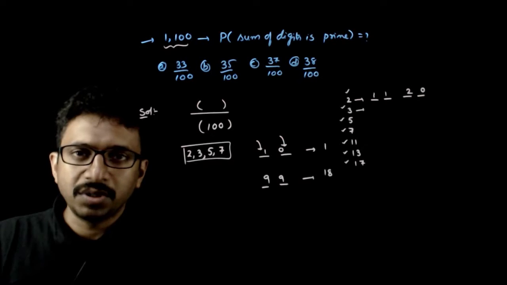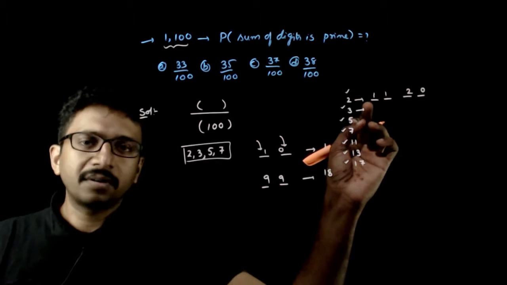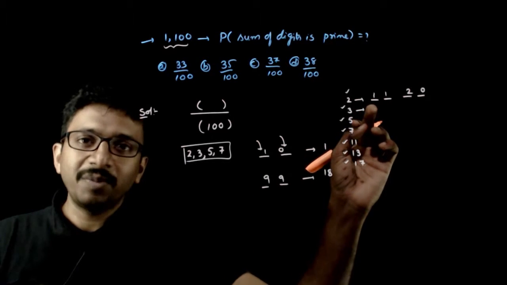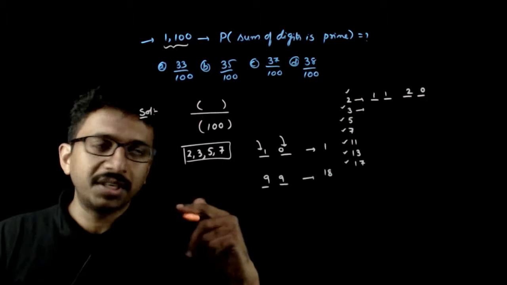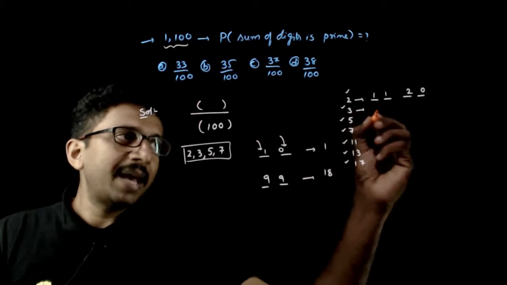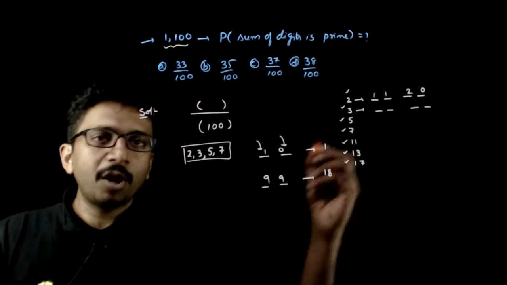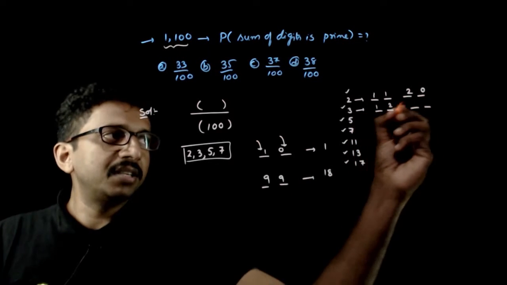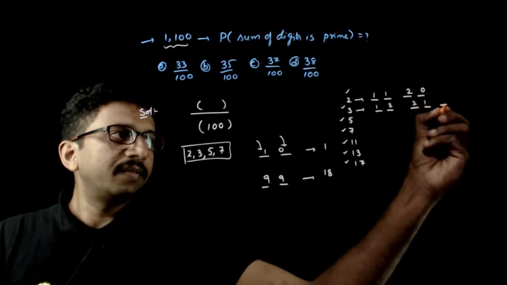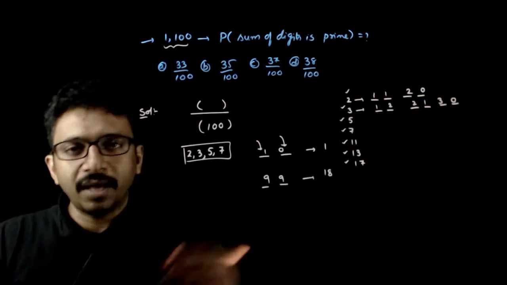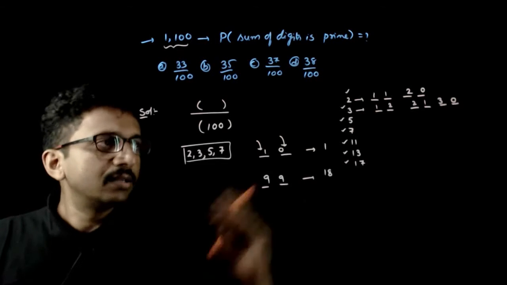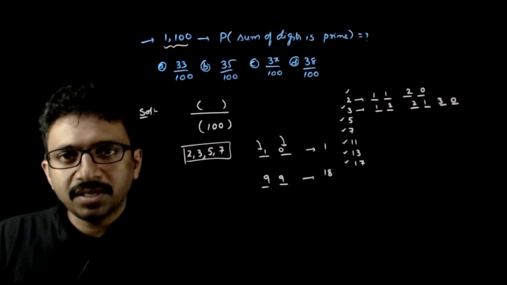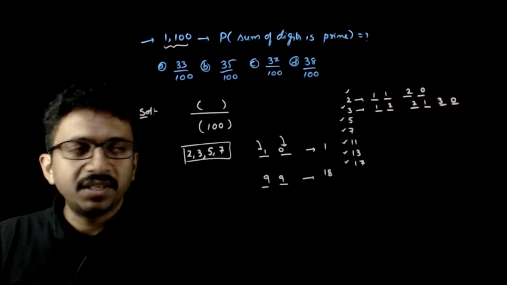The tens digit cannot be 0 because we are considering two digit numbers. If the sum has to be 3, how many options do you have? If the tens digit is 1, you have 2. If the tens digit is 2, you have 1. If the tens digit is 3, you have 0. So 12, 21 and 30 are the numbers where the sum of digits is 3.